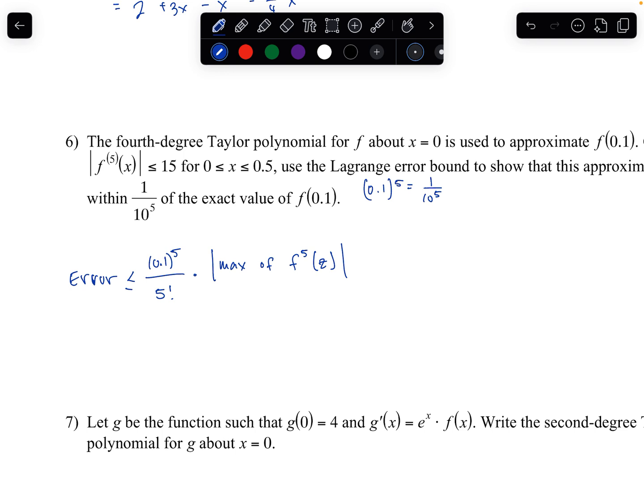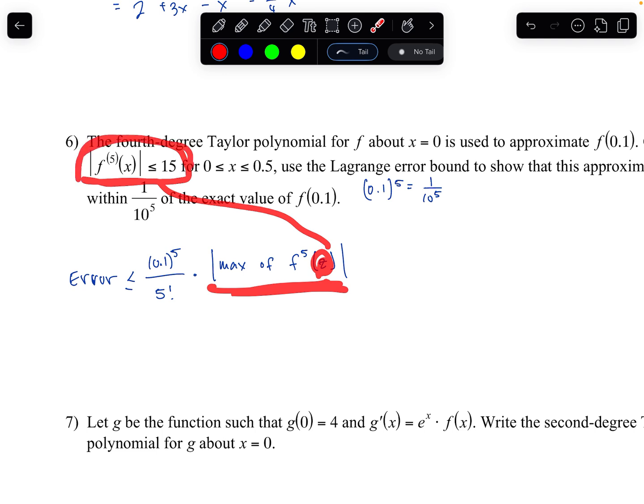Now, I don't have z, but I do know that z is going to be somewhere between the center and the value of approximation. I don't know how to find whatever this value is, but I do have a means of overestimating it.